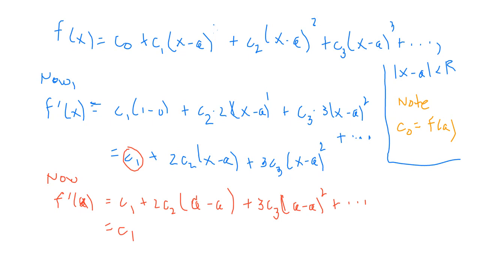That's right. c1 equals f prime of a, because all of these other terms equal 0. So now we have a formula to determine c1.